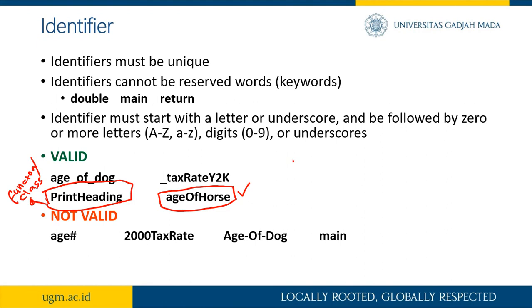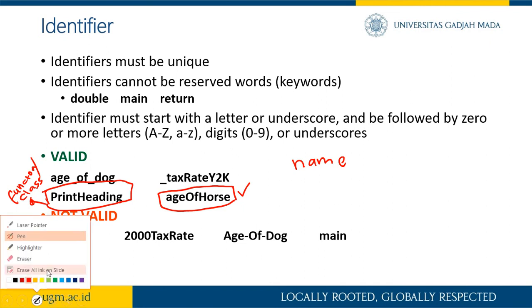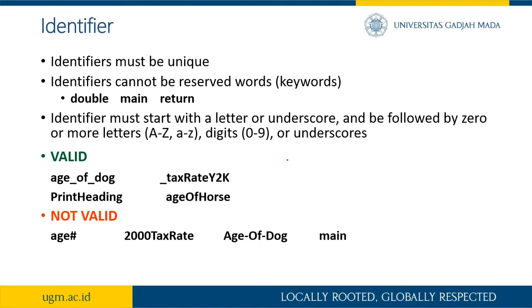So, for example, you want to create a variable students name. This is okay. So it's for the variable. But this one like print heading is more for a class or function.